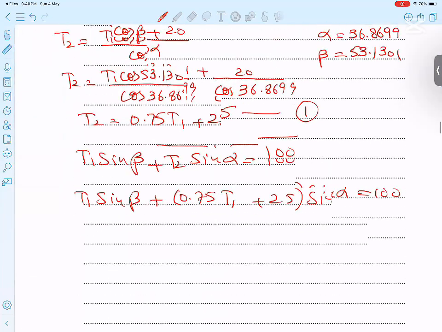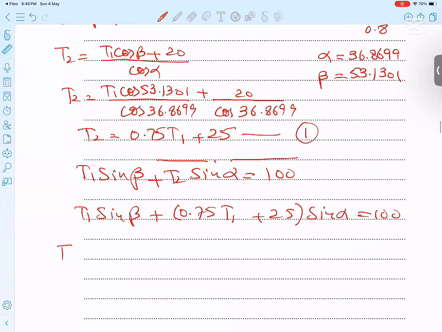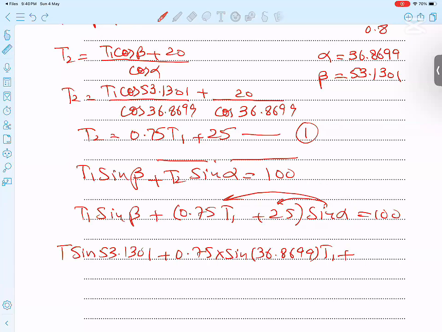So plug in here T1 sin beta, which is 53.1301. This comes from here. All right, so this sin alpha will multiply with this and with this. So 0.75 into sin alpha, 36.8699, into T1. And then 25 multiplied with that.